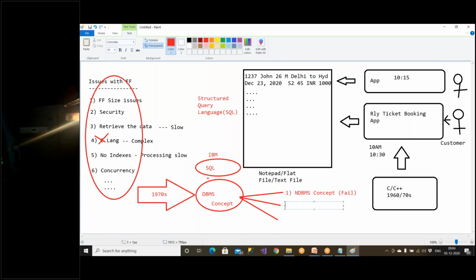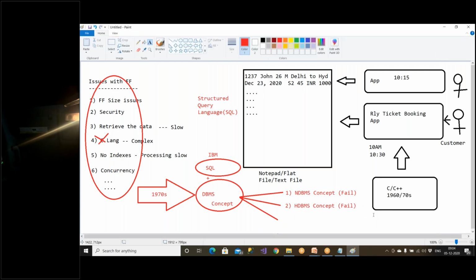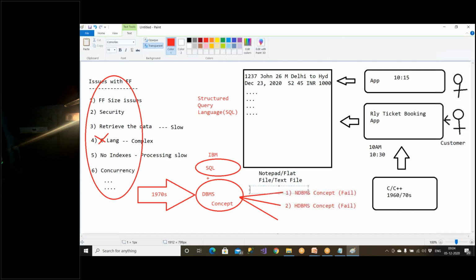The next type of DBMS is called the hierarchical database management system. This also failed in the market. All these are types of DBMS systems. Clear?